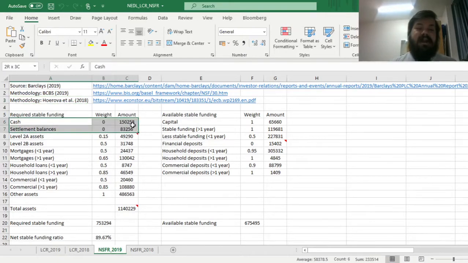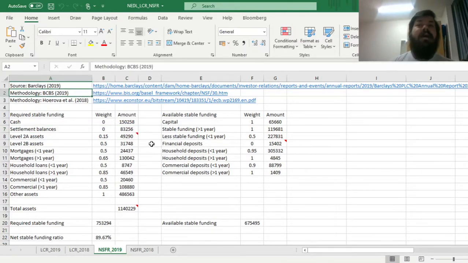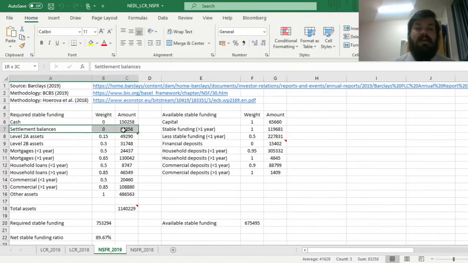Those are obviously cash and settlement balances, which are most frequently coded as cash collateral and settlement balances in banks' disclosure. Those specifically are singled out by Basel methodology to not count towards the required stable funding because it's expected that those assets will be settled in the future without any uncertainty or any such considerations.